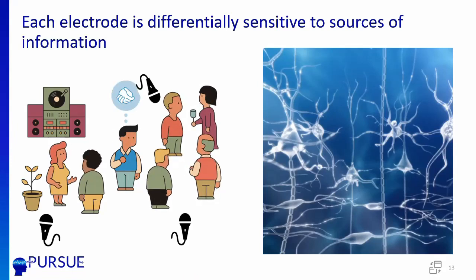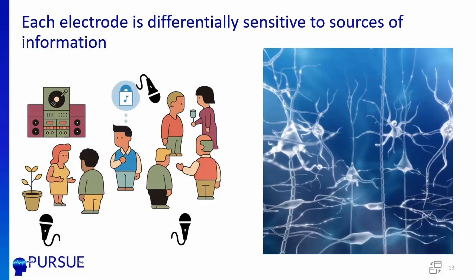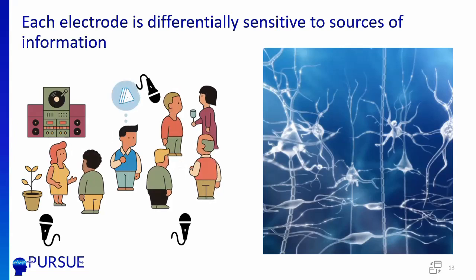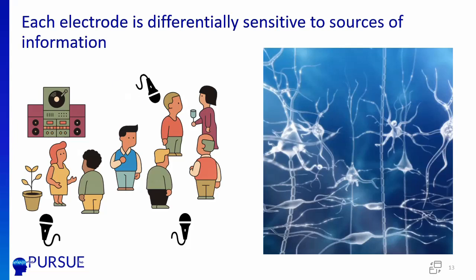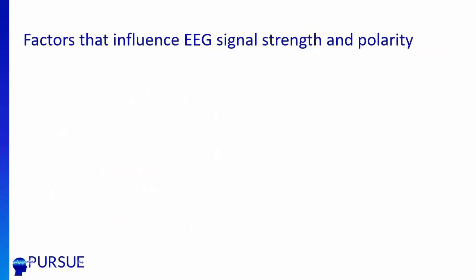The electrodes are very similar to these microphones. They capture the sum of the neural activity that reaches the scalp, just like the cocktail conversation recording. Each electrode records a slightly different signal depending on its location, distance, and orientation with respect to the neural sources.